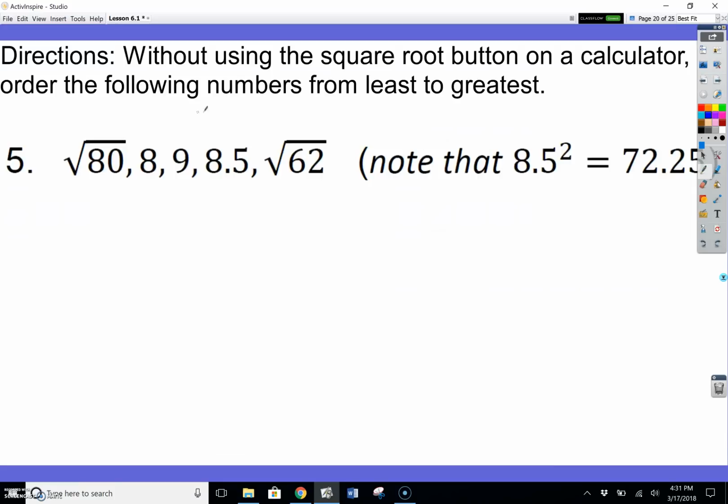So now what we're going to do is, without using the square root button on our calculator, what are we going to do to order these from least to greatest? What I want you to realize is that if I squared these numbers, I can write what is basically equivalent.